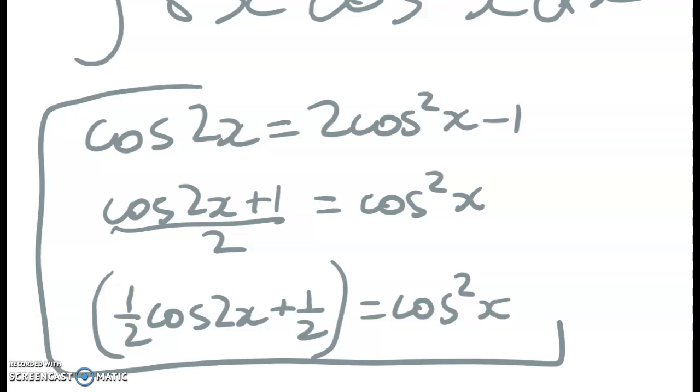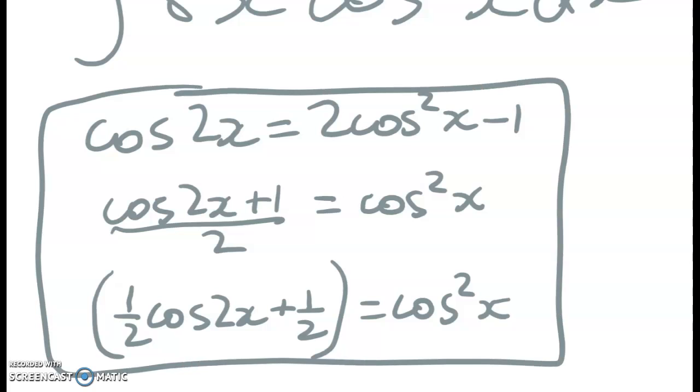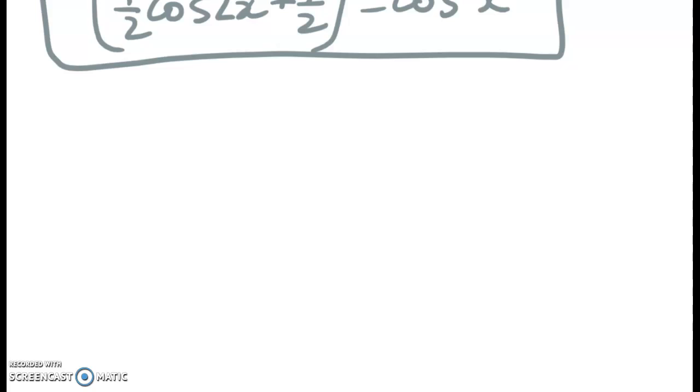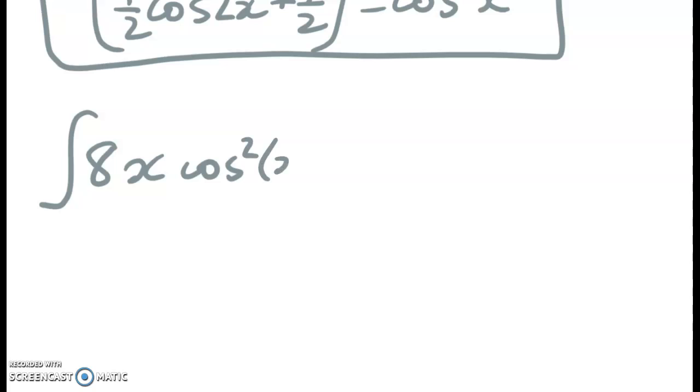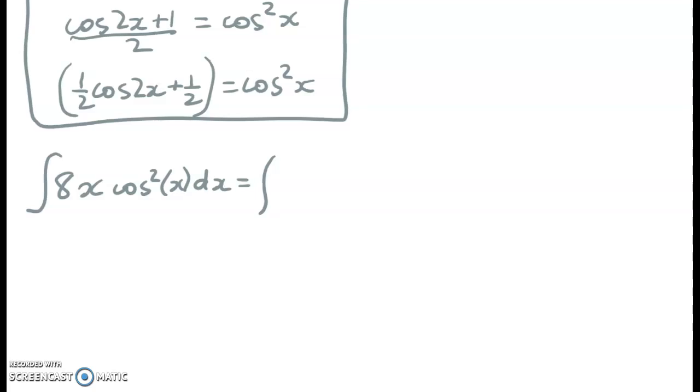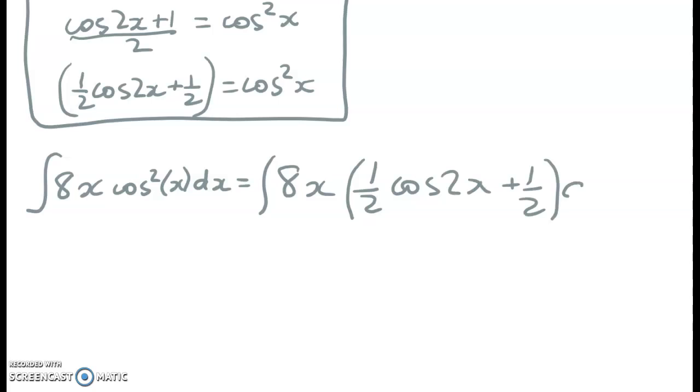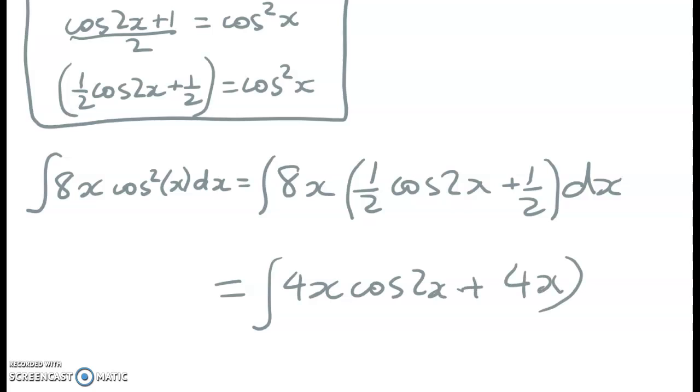So if we just park that and do that off to the side, we're ready now to do the big integral. We've got 8x cos squared x dx is equal to 8x times 1/2 cos 2x plus 1/2 dx. So that is equal to 4x cos 2x plus 4x dx.